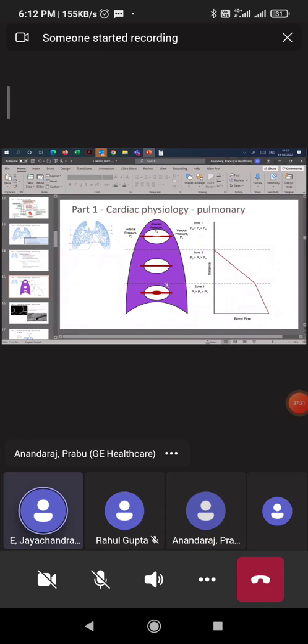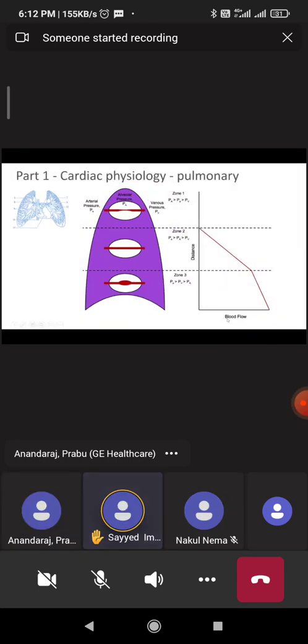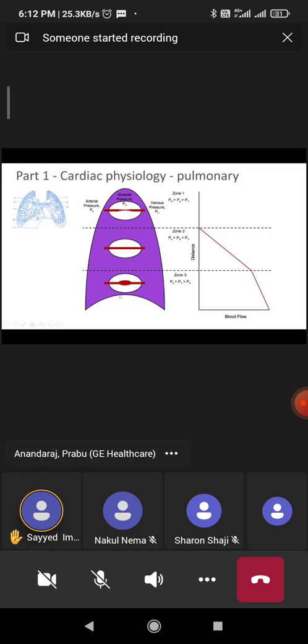The bottom portion will have more weightage, the top portion will have more area to have gases. There are more than two things acting at the base of the lung: one is gravity and the weight of the entire lung, as well as less compliance.